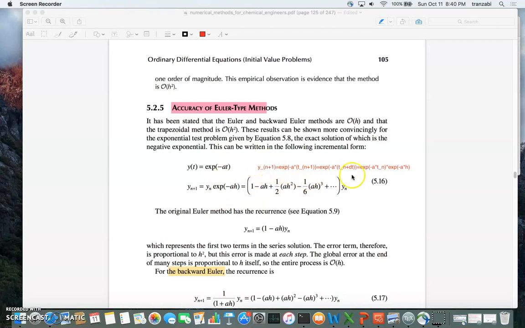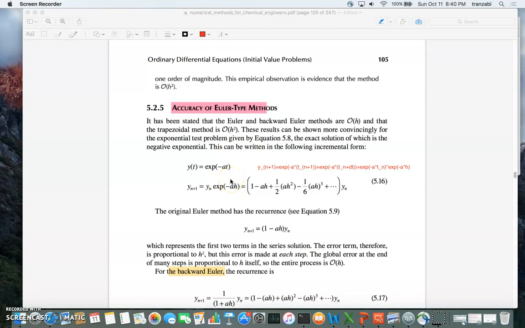Okay, so if you compare the last part of the equation that I wrote with this one, you can see that yn plus 1 is equal to, this one is yn, right? Because if this is yn plus 1, which is at tn plus 1, then the same expression at tn is going to be yn. So yn plus 1 equals yn times exponential of minus ah. So far we haven't changed anything. This is still the exact solution.